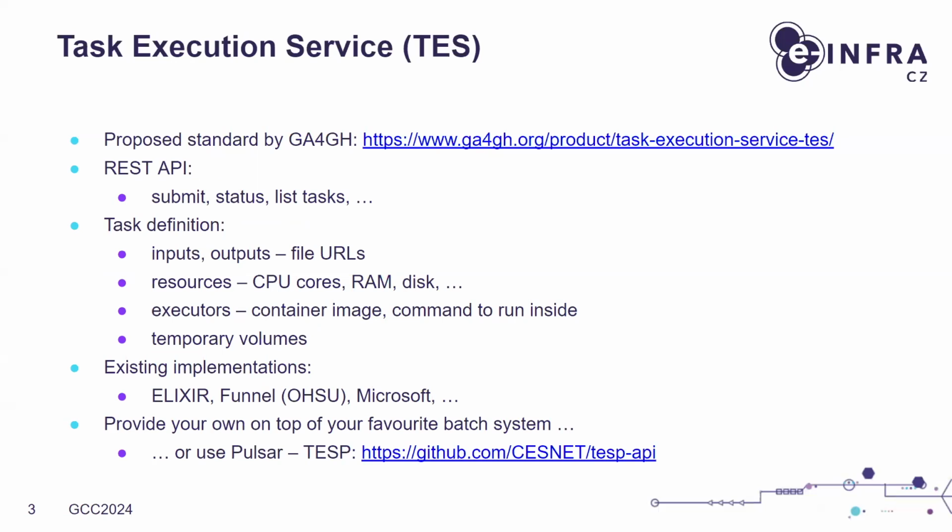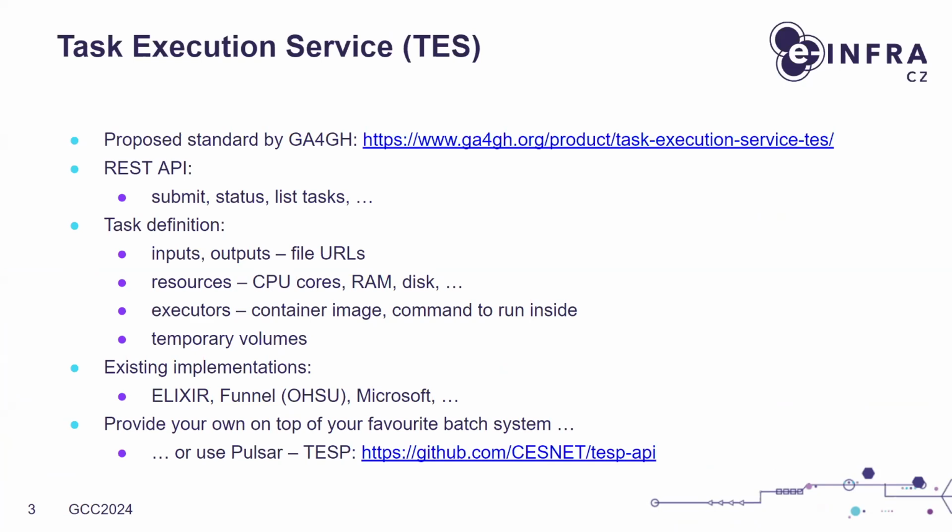And actually, I have seen quite many attempts to define a standard for accessing computing resources in my career. But this one is quite nice because it is just simple.